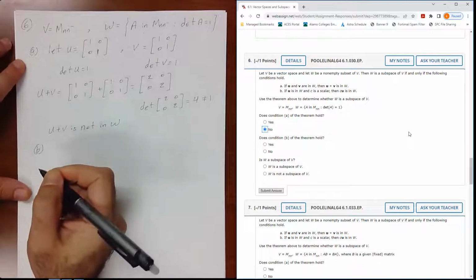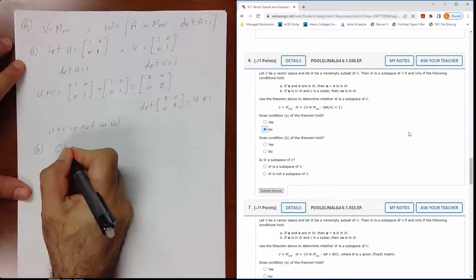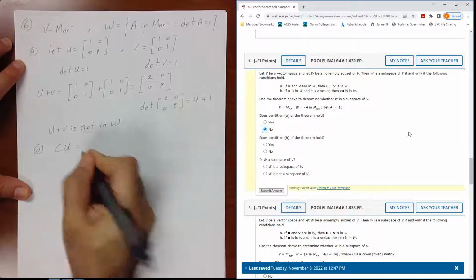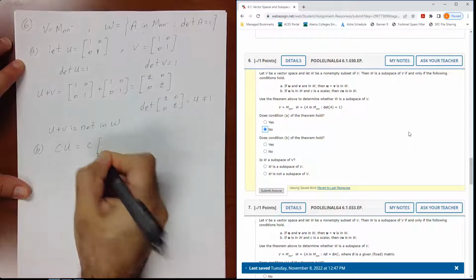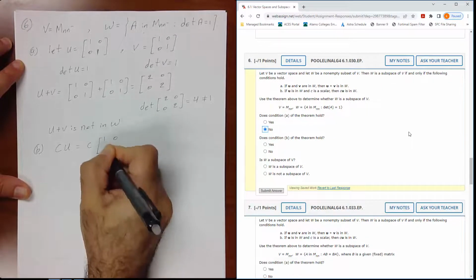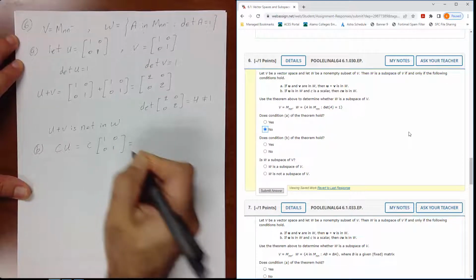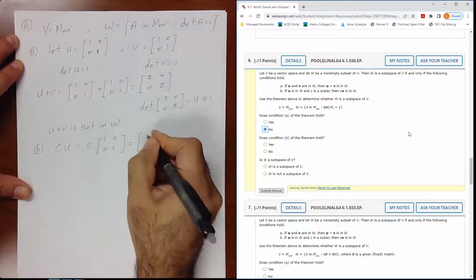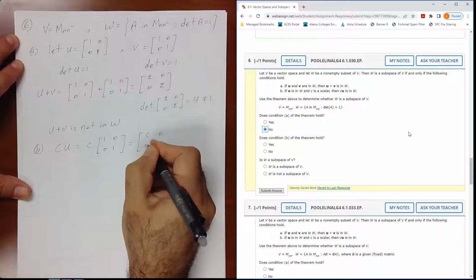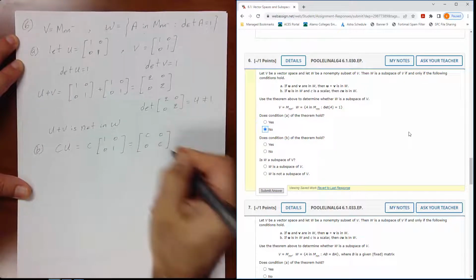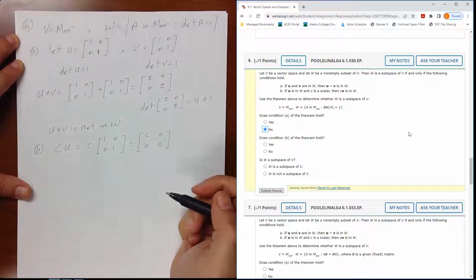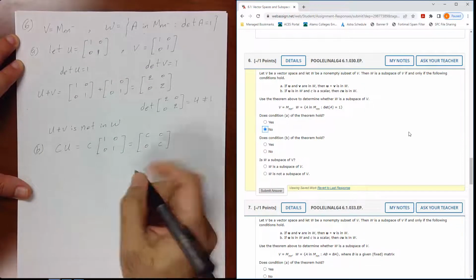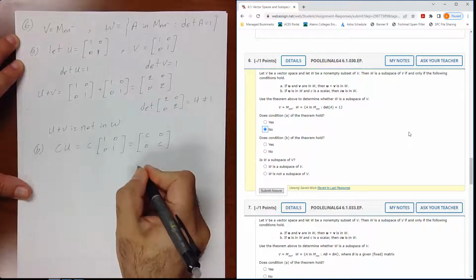The second condition: C times U, where C is a scalar, is C times the matrix 1, 0, 0, 1, and this equals C, 0, 0, C. The determinant for this matrix is C squared.